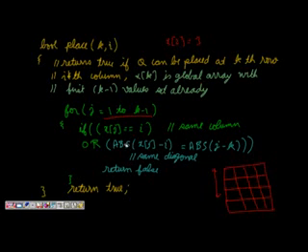So I will see, can I place a queen at k comma i. I will check x of j with i, and if any of the x of j's from 1 to k minus 1 is equal to i, it means they are in the same column, so it will attack. That will be something like a queen here, and I'm trying to place here, so they will cut.